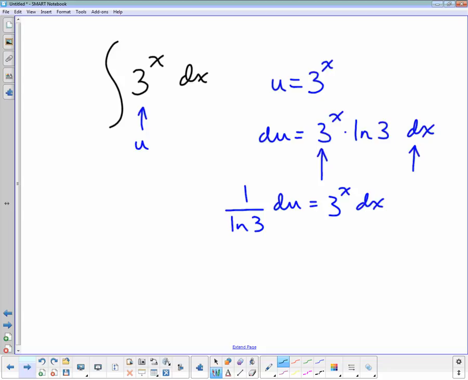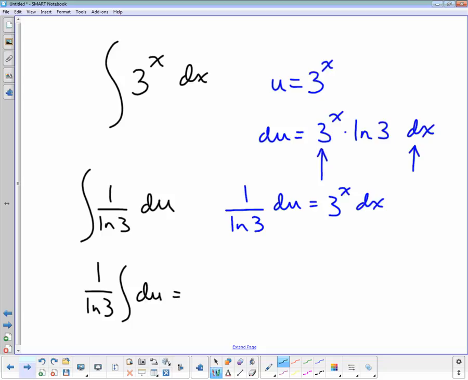So this whole thing becomes the integral of 1 all over the natural log of 3 du, which comes out in front, and now I resubstitute for u, and I'm done.